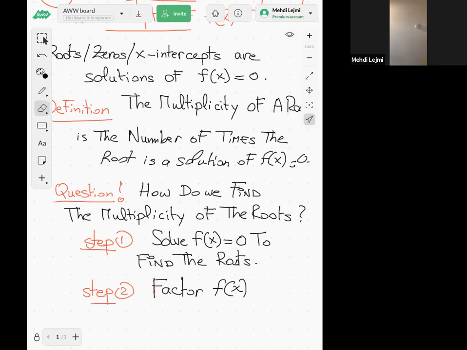Those are the steps if you want to find the multiplicity of the roots. First, solve f of x equal to 0. Sometimes when you solve f of x equal to 0, you factor. But anyway, in step 2 you are required to factor f of x to find the multiplicities.